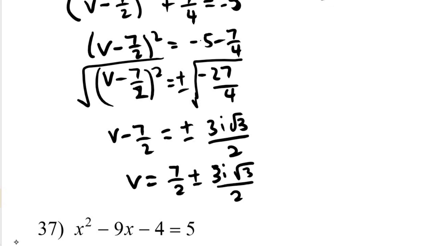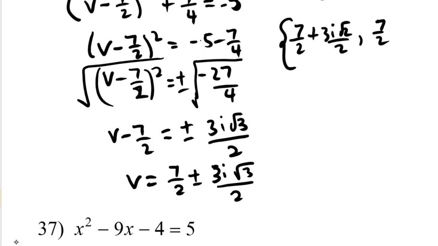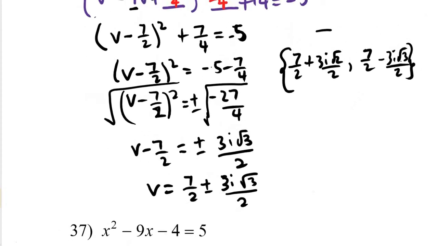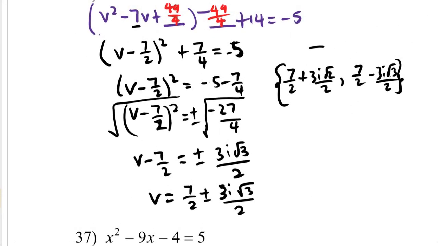Which you can separate into two as 7 over 2 plus 3i root 3 over 2, or 7 over 2 minus 3i root 3 over 2. So now we see all the possible scenarios where you have a rational number, irrational number, complex number, and then this is a complex number with a radical. So hopefully this helps.